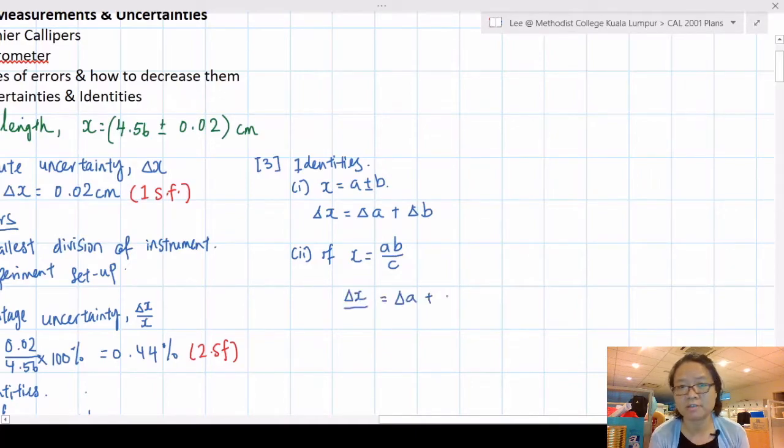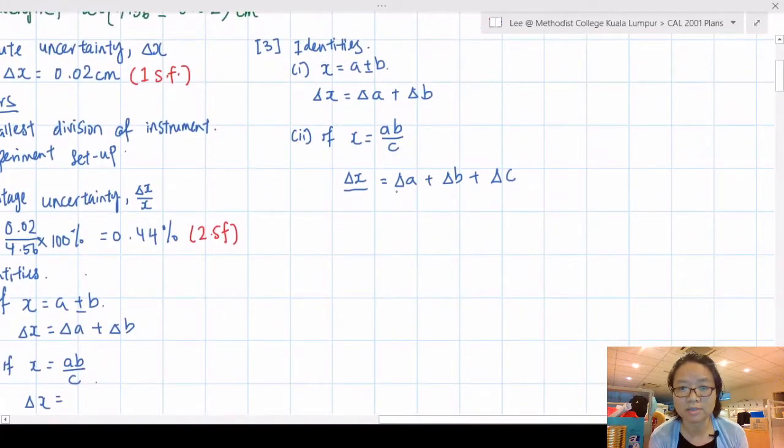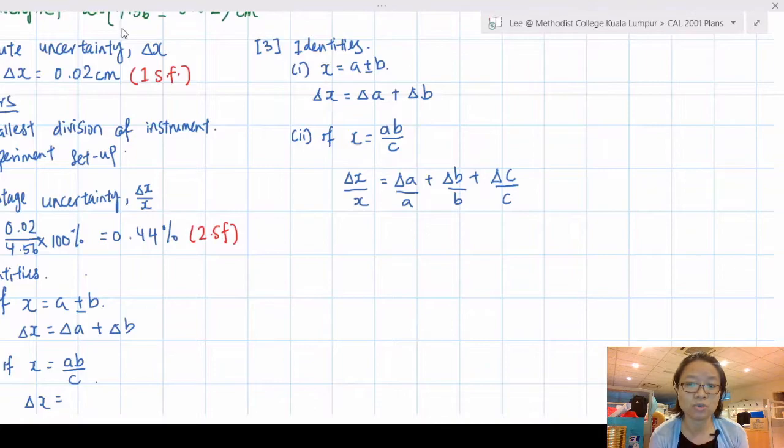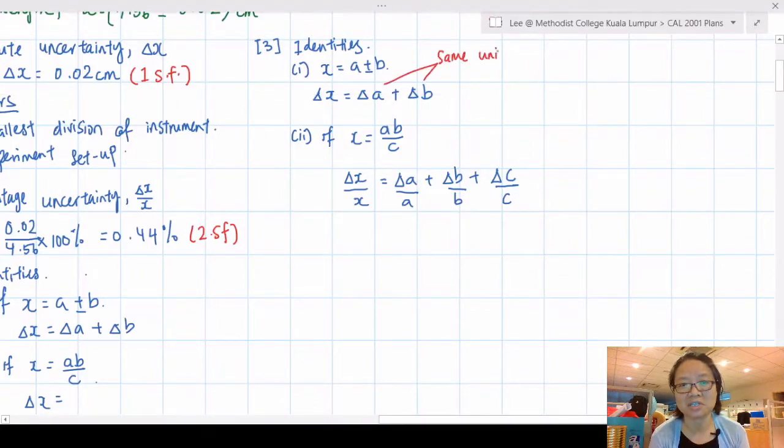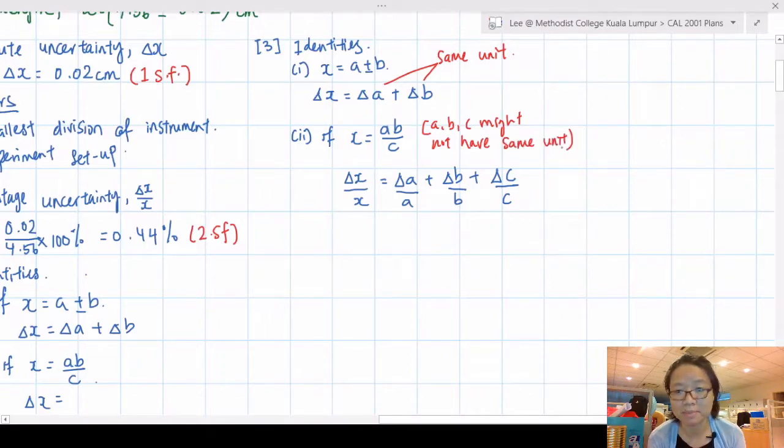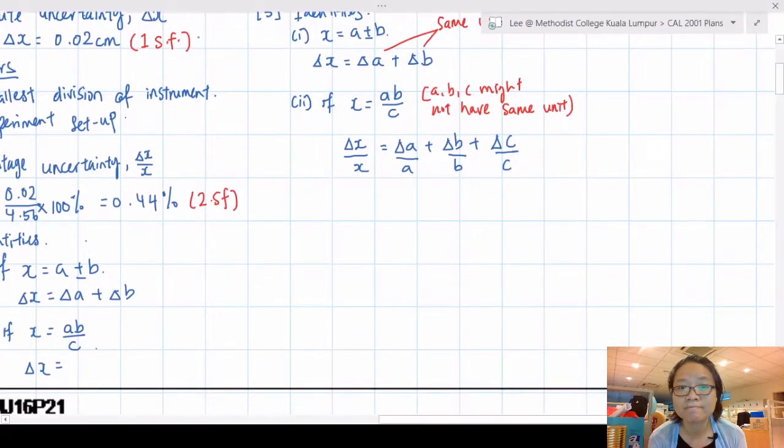So if x is, again, this is multiplication. So when you multiply things, they might not have the same units. Like the units for A, B, and C might very well be different. So we will divide by the actual reading so that the units cancel off and you get a percentage. So you notice that the percentage uncertainty of x is the total of the percentage uncertainty of A, B, and C. Okay?